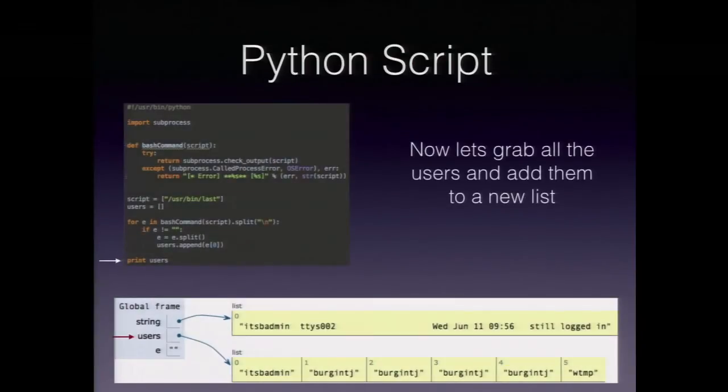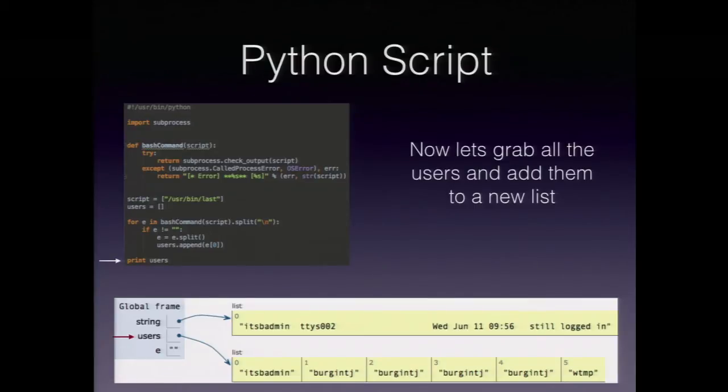So let's do that now. By doing that, we're going to make a new list to capture every user that we get out of that for loop. So we define a new blank list up here, and we append that list with E[0], like we showed in the last command. Just printing it out gives you that one item right here.